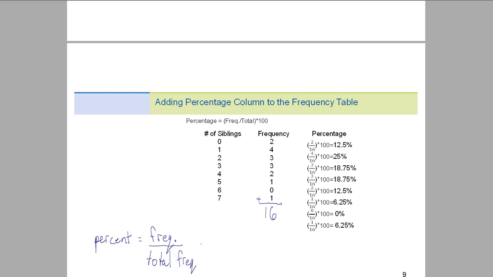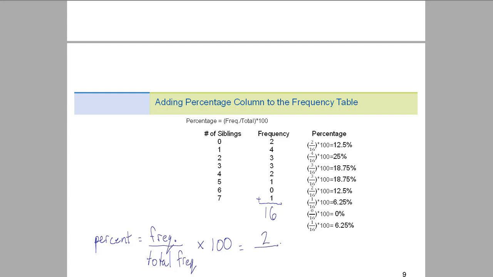And since it's a percent, so it's how many parts out of 100, we have to multiply by 100. So just to show this, say we wanted to do it for the first one, 0 number of siblings. We know that there's a frequency of 2, so 2 people have 0 siblings.